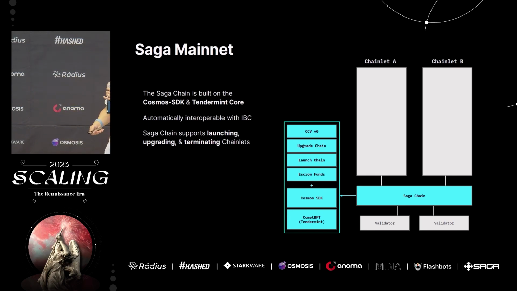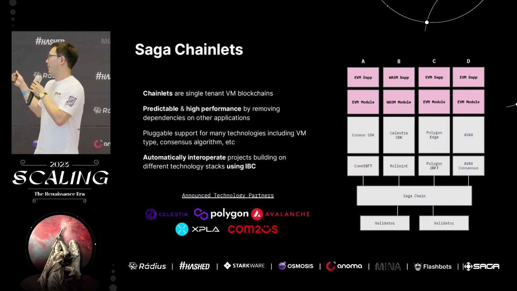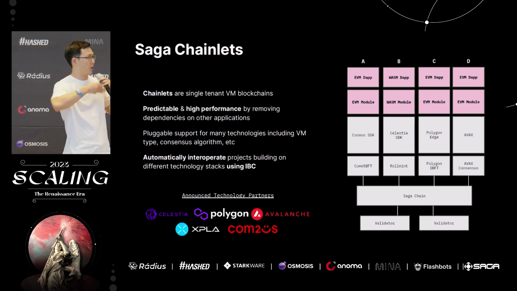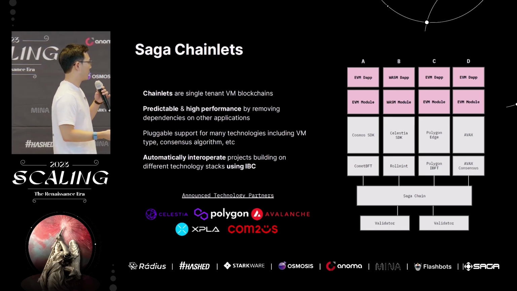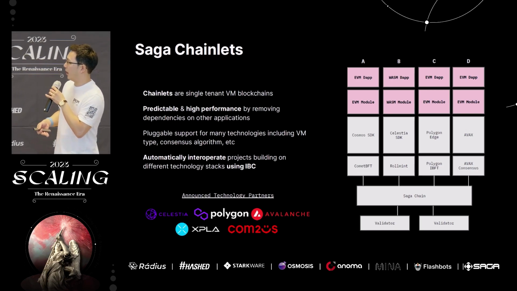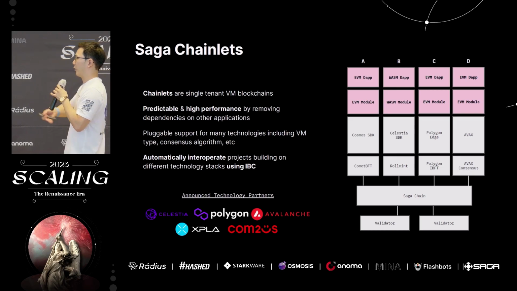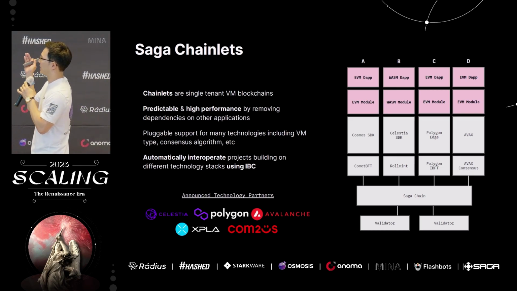And what are these chainlets? A chainlet is a single tenant VM blockchain. It can be any blockchain that you want, as long as it speaks IBC and our shared security language. We have pluggable support for many different kinds of technologies, including different VMs, different consensus algorithms, et cetera.